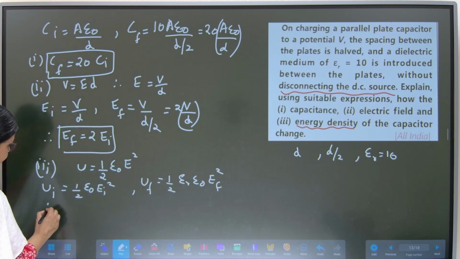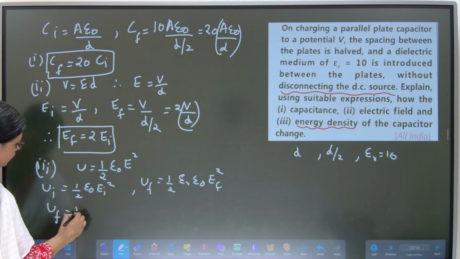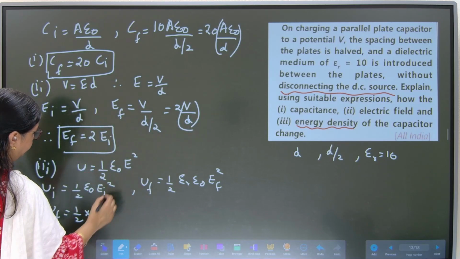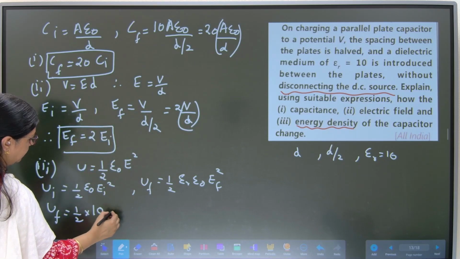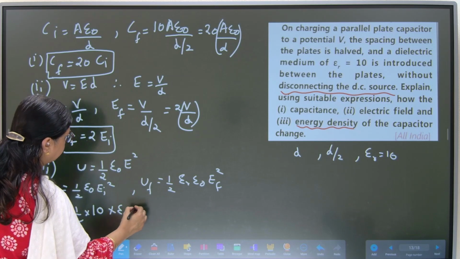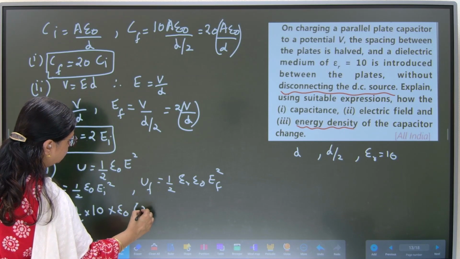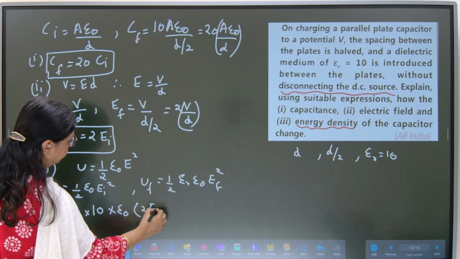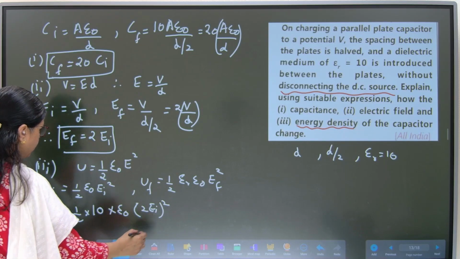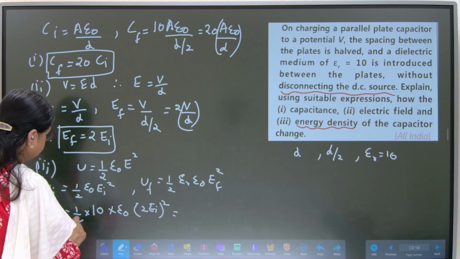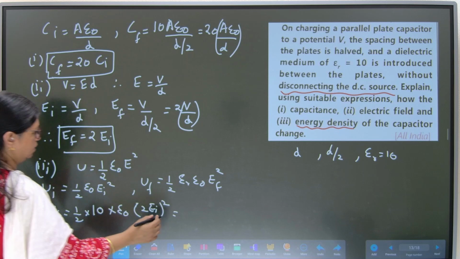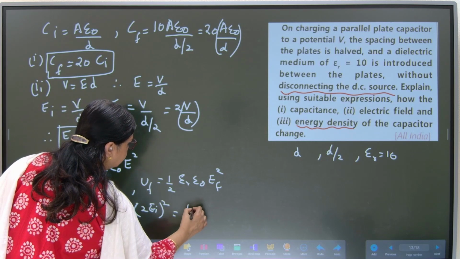Now substituting the value of epsilon R, UF is equal to half multiplied by 10 multiplied by epsilon naught, and Ef we got just now is 2 Ei, but there is a square, so we square it. Working out the mathematics, keeping the half as it is, 10 into 2 square becomes 40.